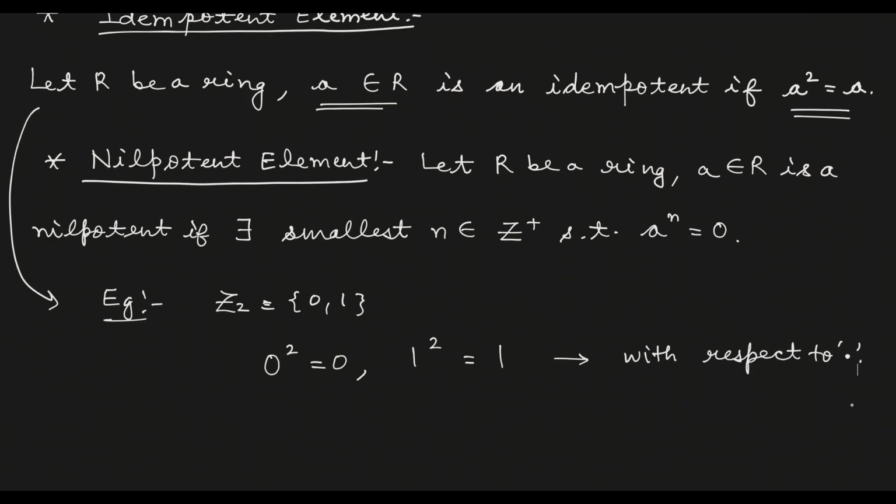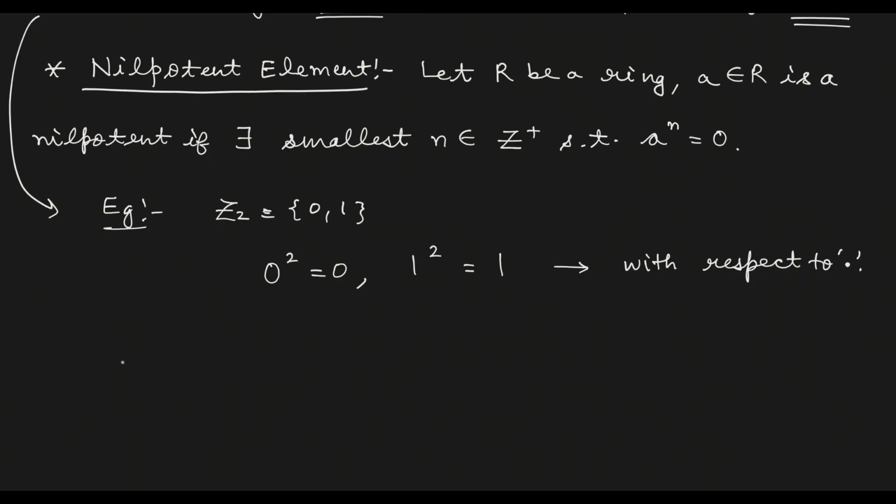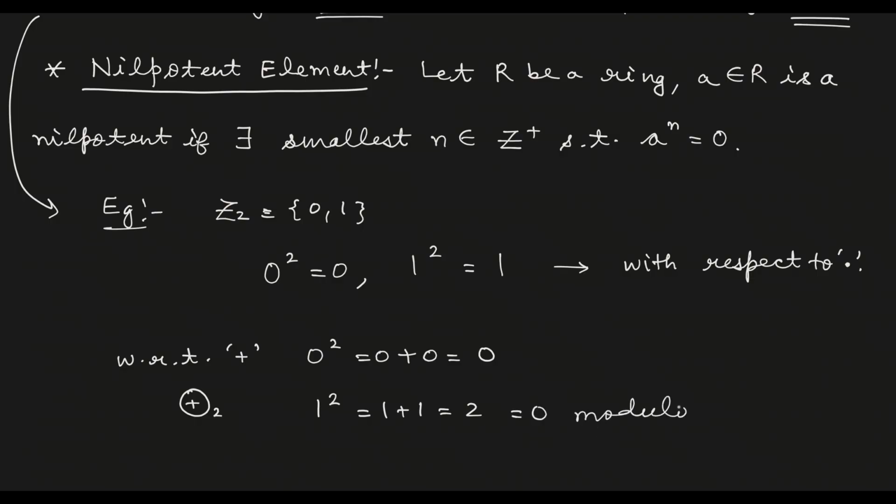And if you want to do it with respect to addition, then 0 squared means 0 plus 0, again 0. 1 squared means 1 plus 1, this is 2, and addition modulo 2 will be 0. So this is an idempotent element.